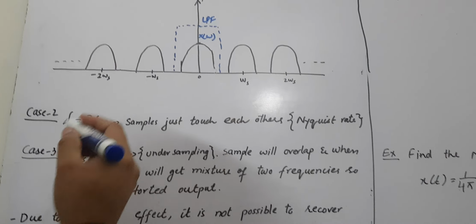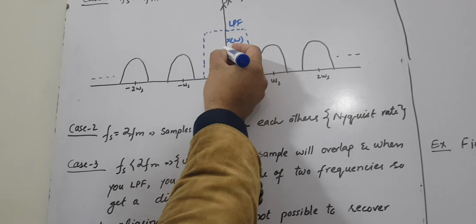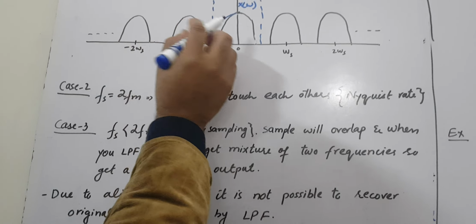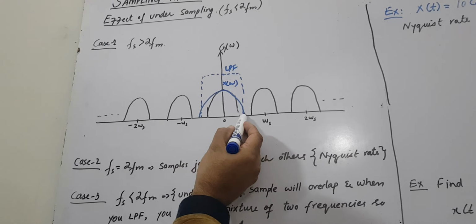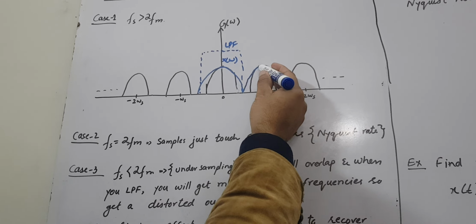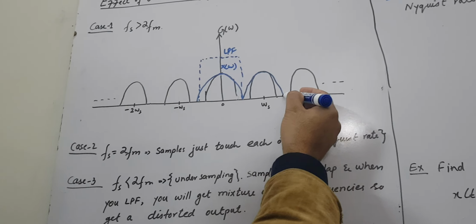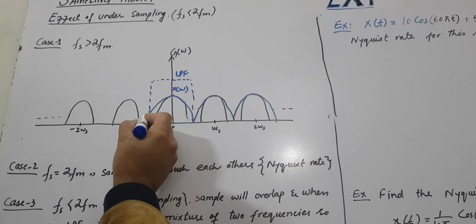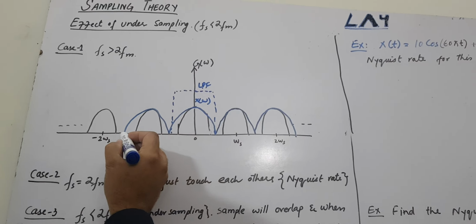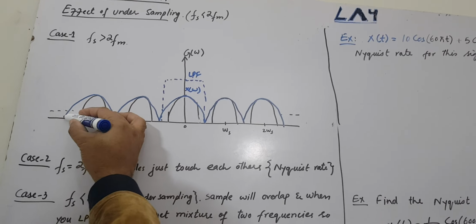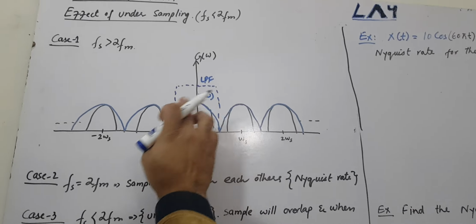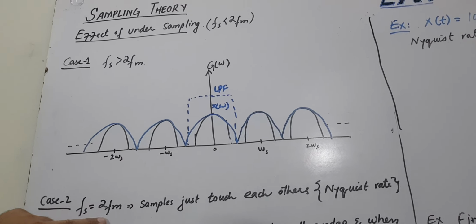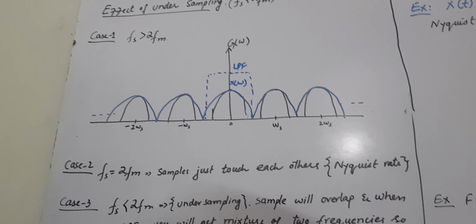So if Fs equals 2 Fm, these curves expand in this way and just touch, similarly on the negative side. Still by using the low pass filter, you can extract the message signal.